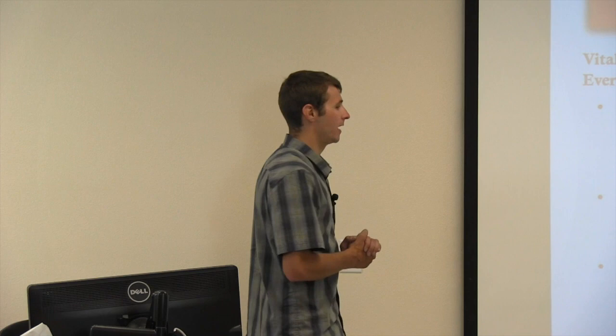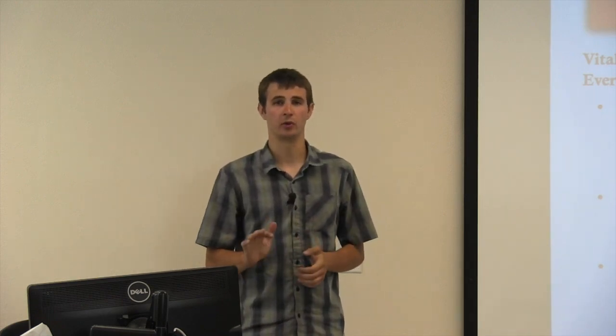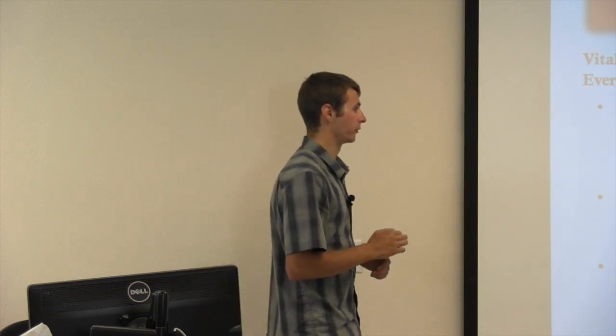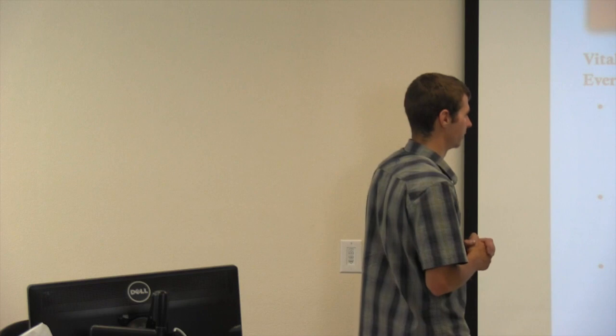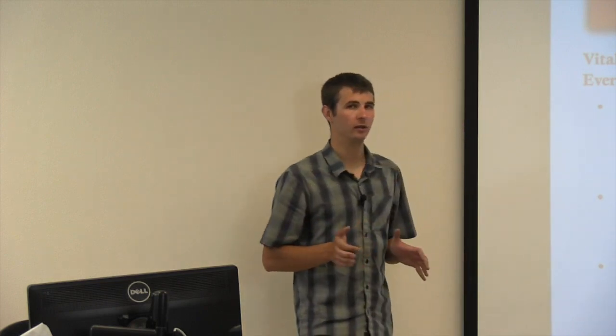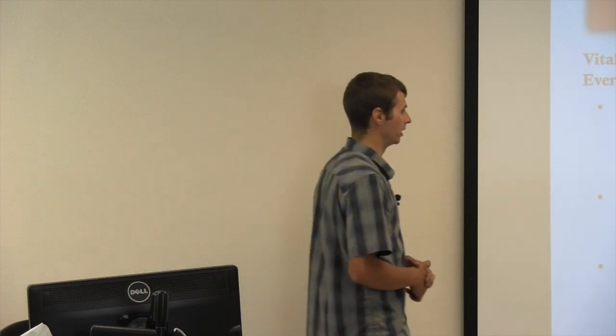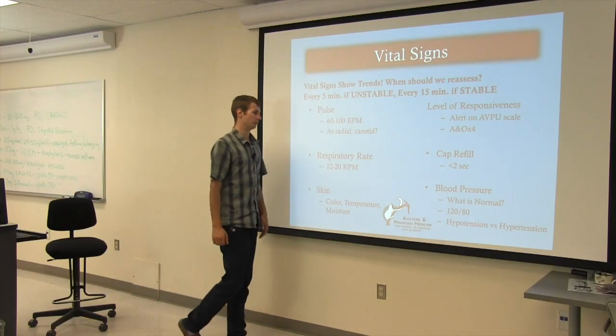If you count 5 seconds between those respirations, then their respiratory rate is about 12 per minute. If you count 3 seconds between those respirations, they're breathing about 20 breaths per minute. So our normal adult resting rate for breathing is 12 to 20 breaths per minute.